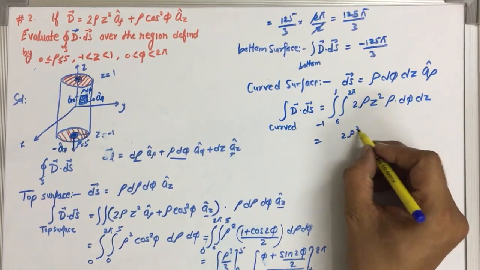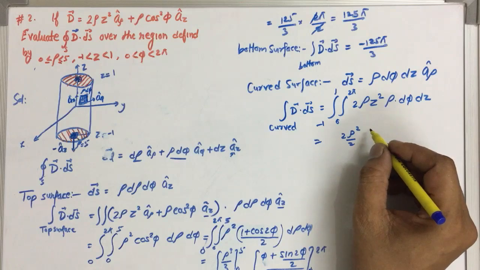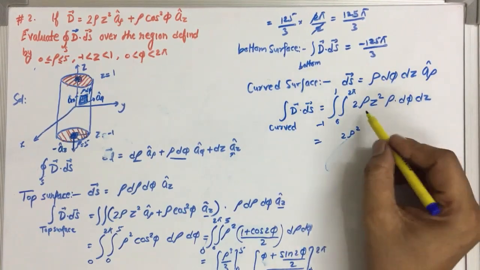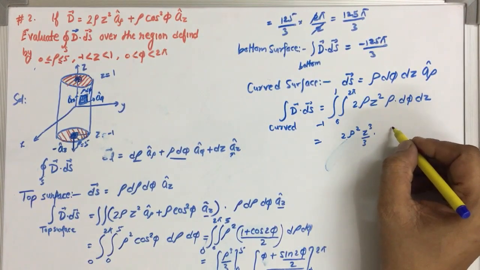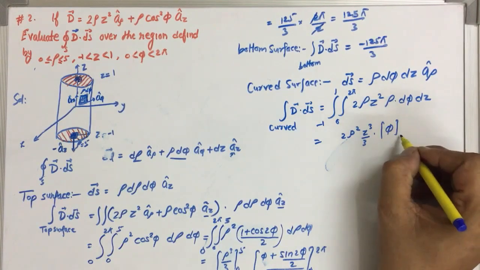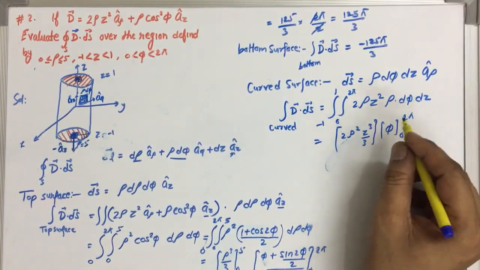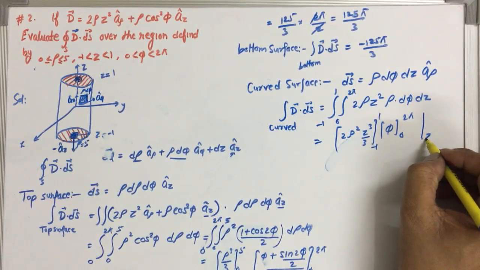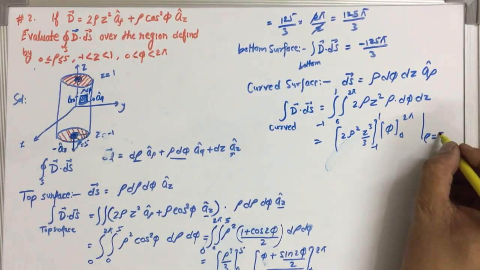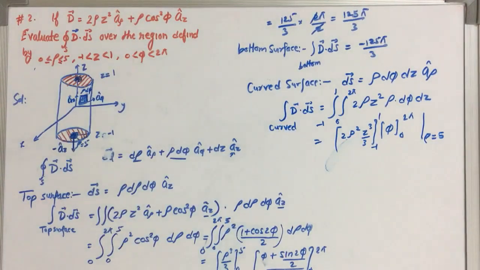Do it: 2 rho square z cube by 3 and phi, where phi is varying from 0 to 2 pi and z is varying from minus 1 to 1, keeping rho equal to 5, because at the curved surface the radius remains the same, that is rho is equal to 5.